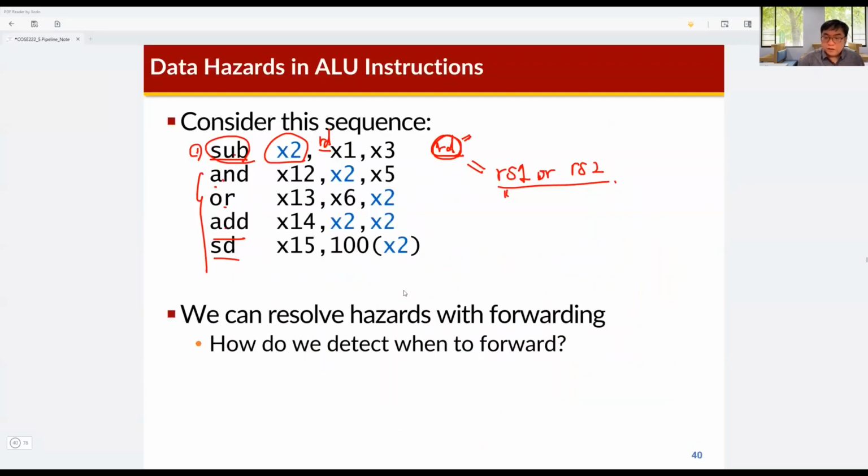So in order to check the forwarding condition, let's focus on the data forwarding between sub and AND first. We know that the required data is forwarded from the EX/MEM pipeline register, the ALU result.